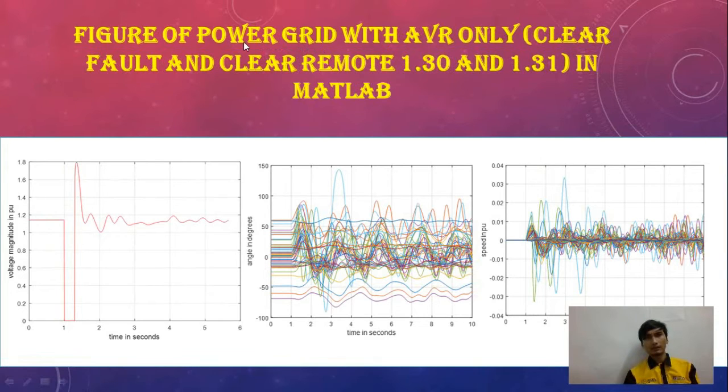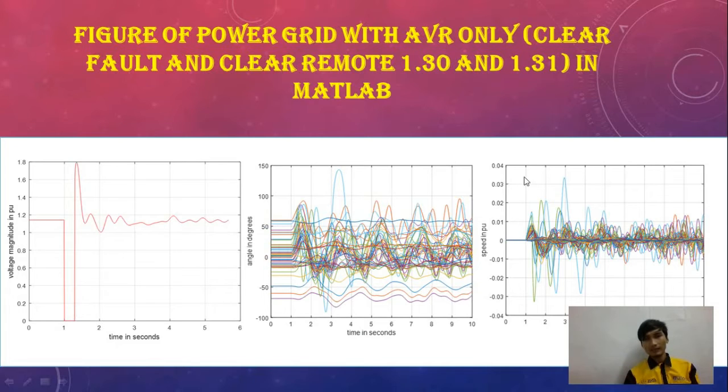For the power grid with AVR, clear fault and clear remote we set in MATLAB are 1.30 and 1.31. So the fault occurs at 1 second, and after 0.30 the voltage increases to get maintained back.